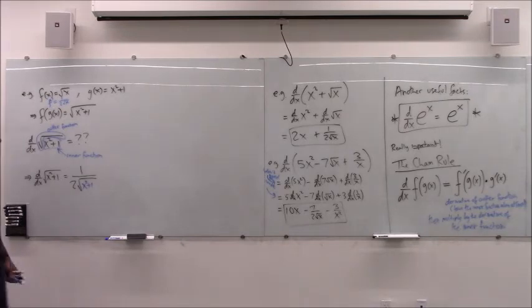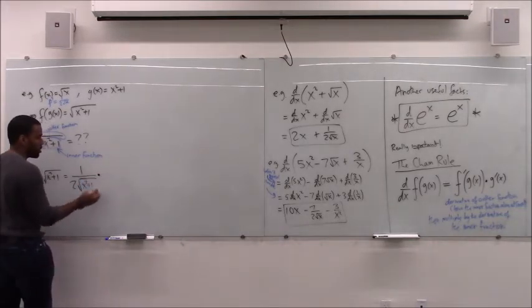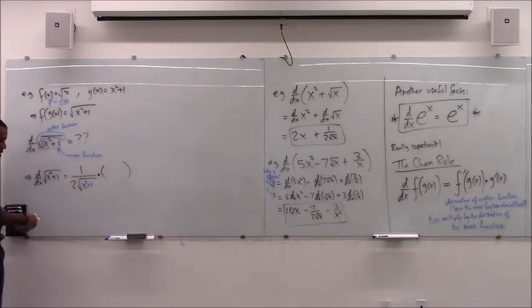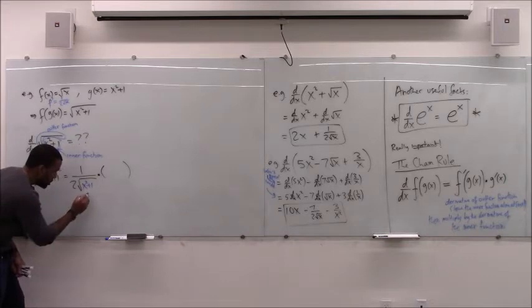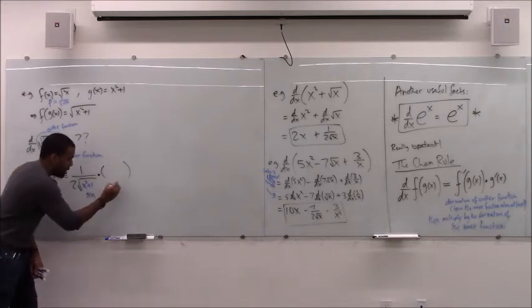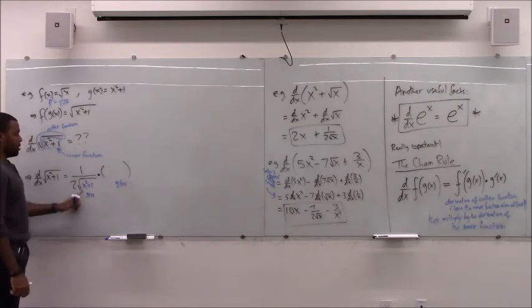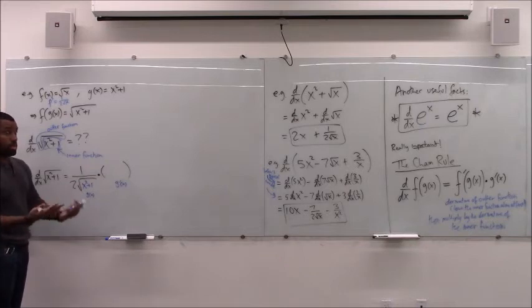And then, what I'm going to do afterwards is I'm going to multiply by something. Multiply by what? Well, the derivative of the inside function, right? So this here is your g of x. I want to multiply by g prime. What is g prime? Well, it's a sum of two things, and we have the sum difference rule.